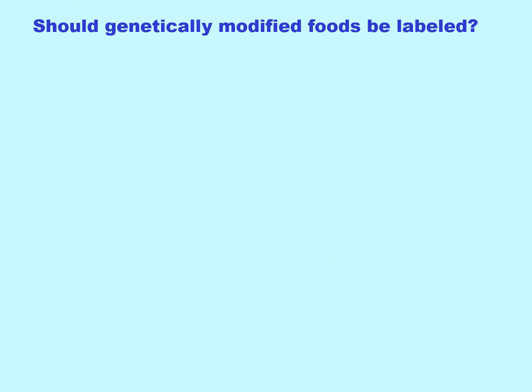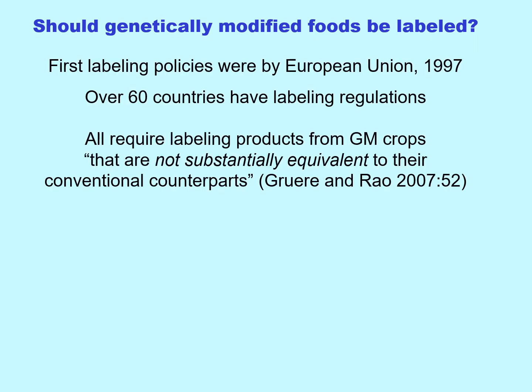So should genetically modified foods be labeled? This used to be a major topic and a paper in this course, but there's been some news on this front. The first labeling policies were by the European Union in 1997, and about 64 countries currently have labeling regulations.